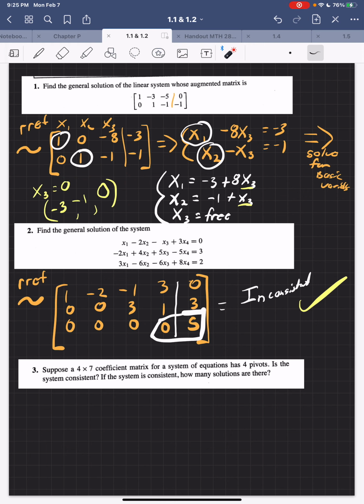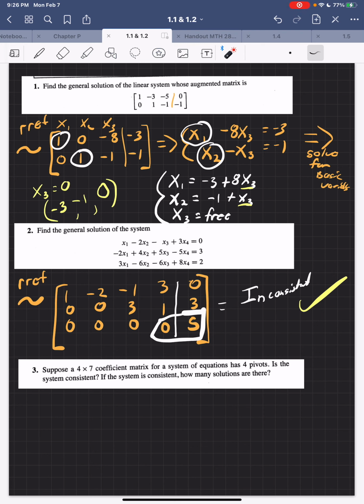I could have chosen x sub 3 is 1. If I plugged a 1 in for x sub 3, that would be a new point. And I can continue, I can pick anything I want for x sub 3. So when you have free variables in a consistent system, you have infinite solutions. This is just one of those solutions. Now here, I didn't have a consistent system, so there's no way I can write the general solution.